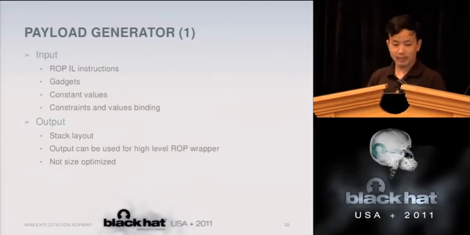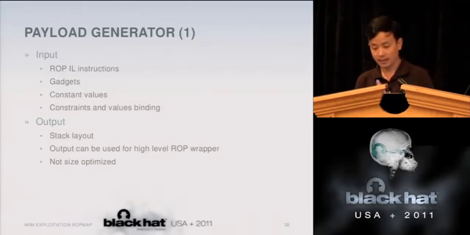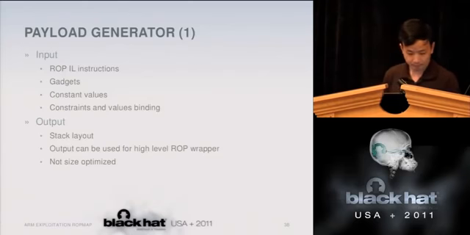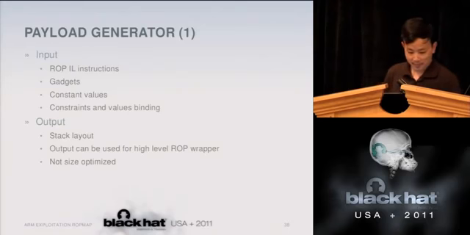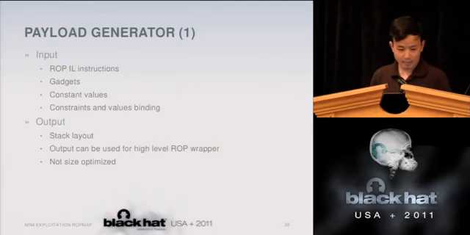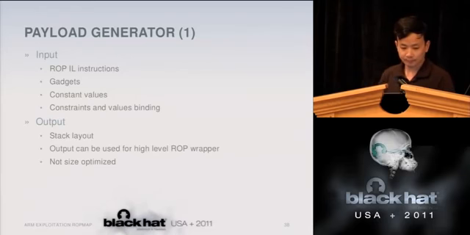It can be a constant value on the stack with some constraint and value binding, which I will explain later. Then we create the output, a final payload you can use directly in the exploit. Note that our payload generator is automatic but not optimized inside.